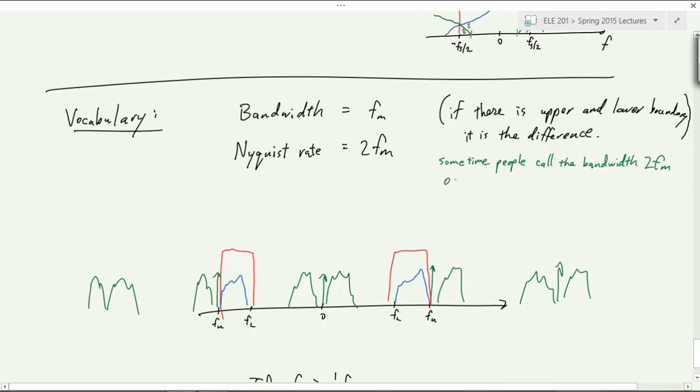Or, to be even more confusing, rather than Nyquist rate, they might say Nyquist frequency is actually the highest frequency, so FM. So in other words, there are various settings in which these names might mean slightly different things.